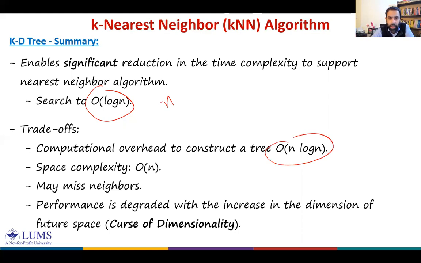We also need to allocate space to this data structure, and the space complexity is order n, although this won't add much to the overall kNN, because for kNN we already need n times d storage. There's a possibility that KD tree may miss neighbors when you search for the nearest neighbor, but now we know how to overcome this.